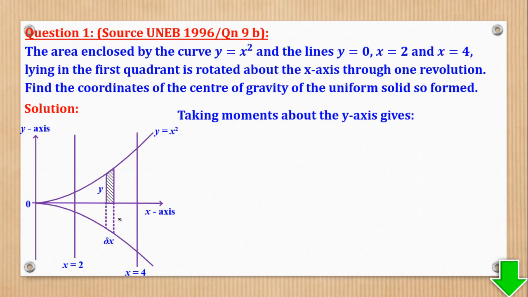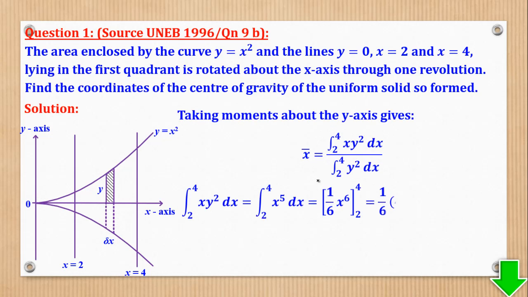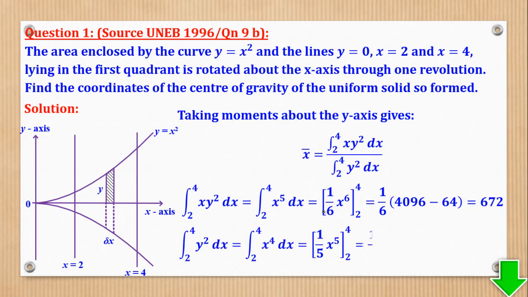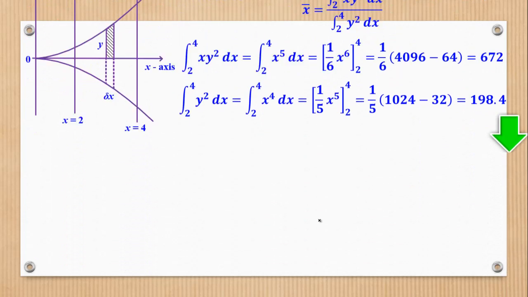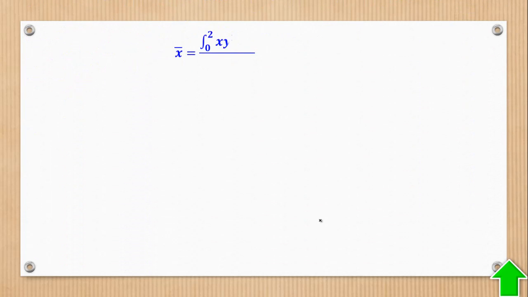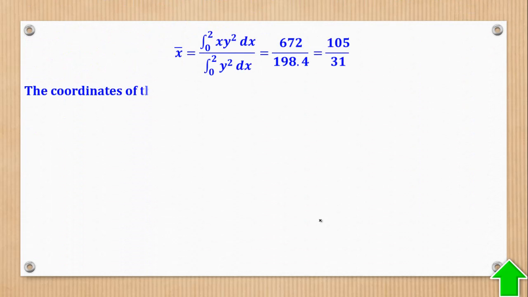So taking moments about the y-axis, it means we are going to get x bar. So we know that x bar is given by this formula. Let's deal with it bit by bit. Numerator alone, we come up with that. Denominator alone, we come up with that. Then we can divide. When we divide, we shall be able to get x bar. And that's what they wanted.